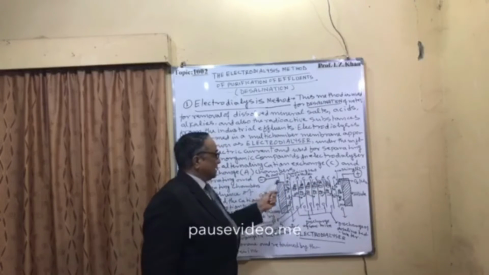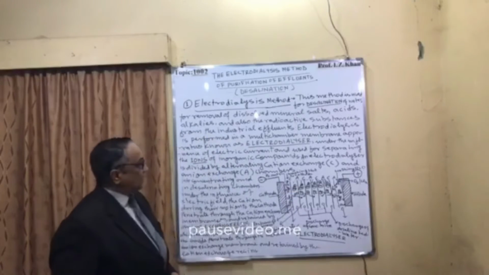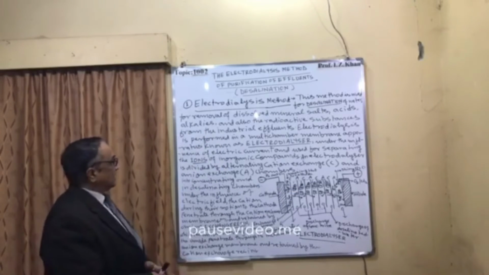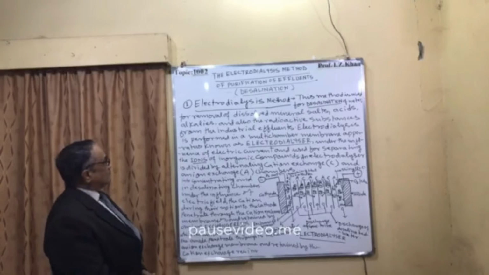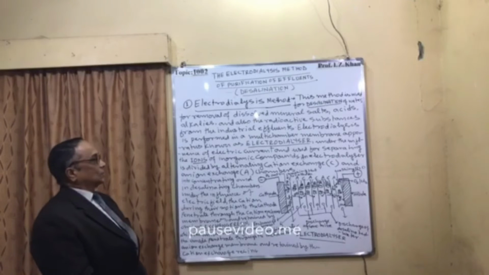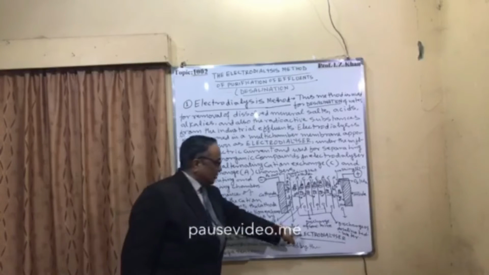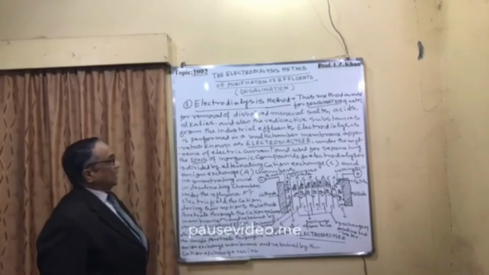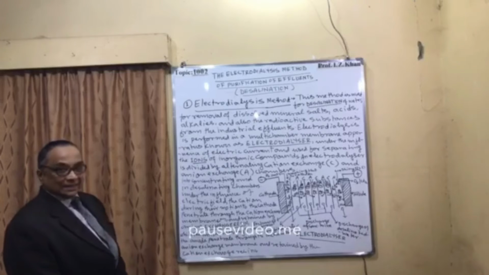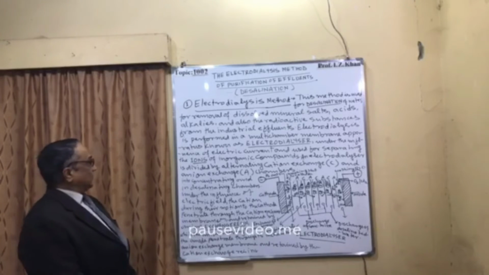The cathode is negatively charged, the anode is positively charged, and with this the electric current is passed so that ionization will take place under the influence of the electric current. The membrane apparatus is known as an electrodialyser, used for separating the ions.